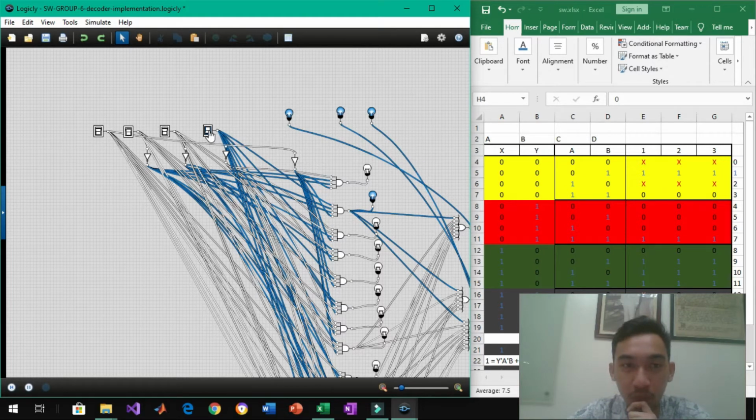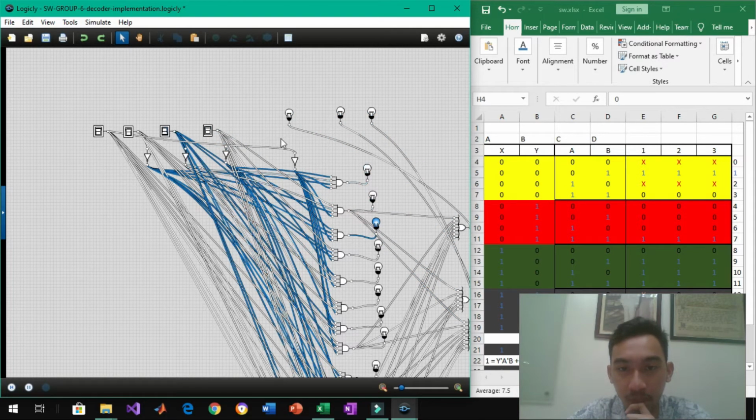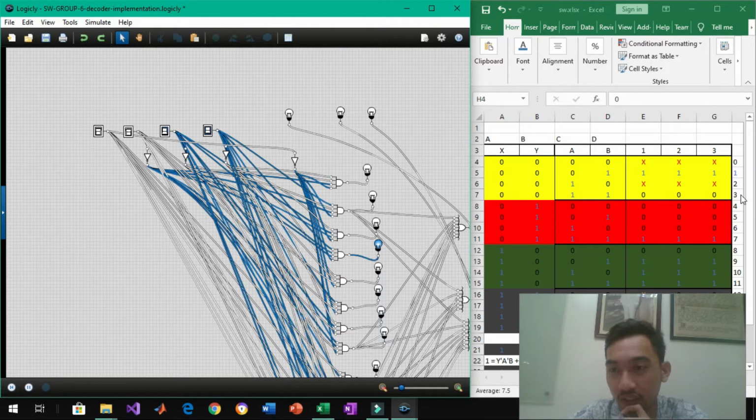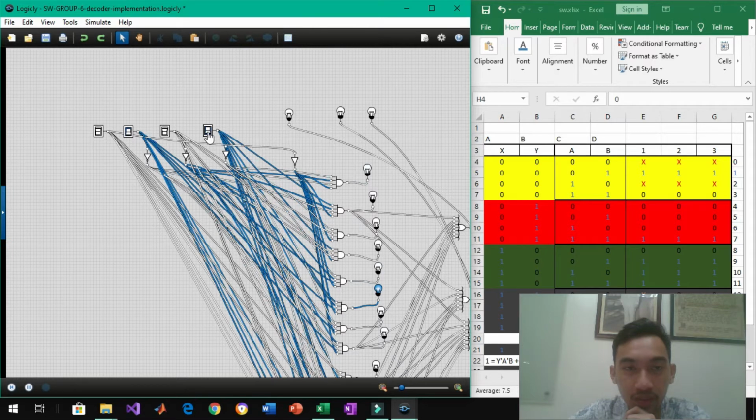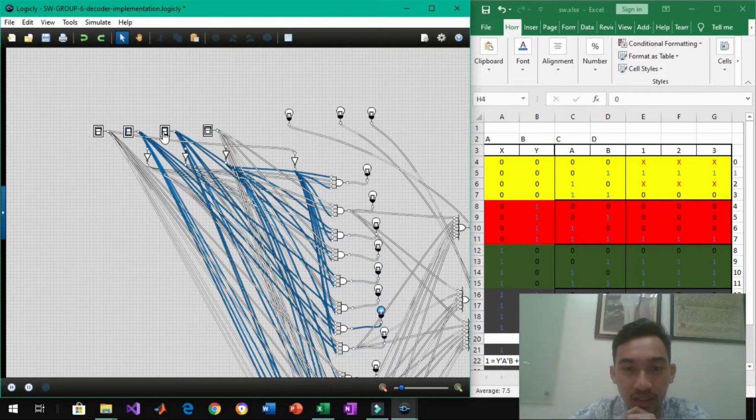Min term 2, the decoder is at min term 2, and the outputs are x's. And at min term 3, there's still 0 up to min term 6. So that's 3, 4, 5, and 6.